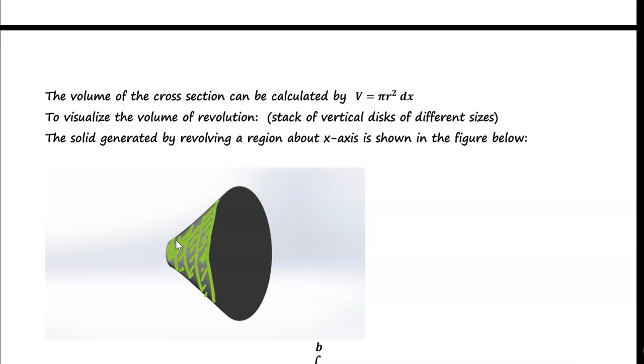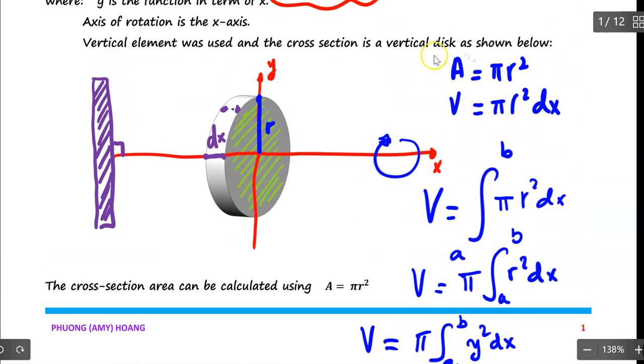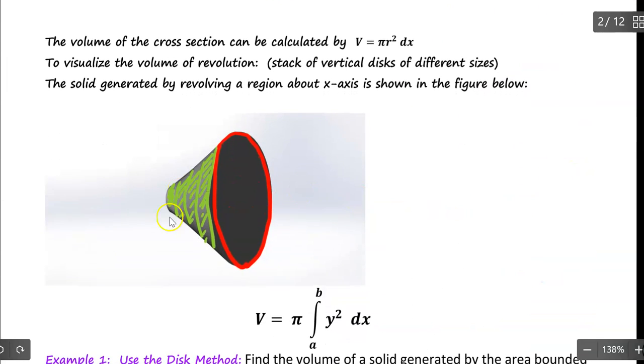The cross-section area for this is in fact the shape that we talked about on the previous page. On the previous page I had this shape as the cross-section area, and it is the green part that I highlighted for everyone. If you add so many of these together, you will find the volume for this solid.